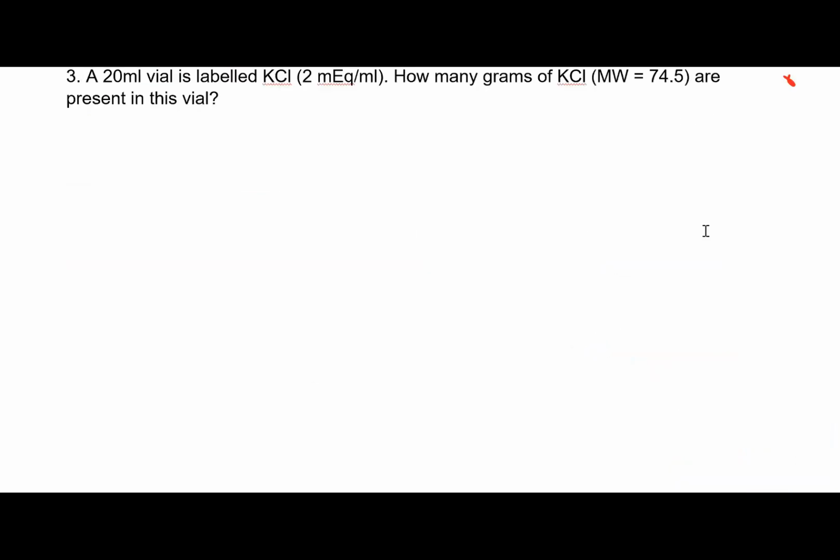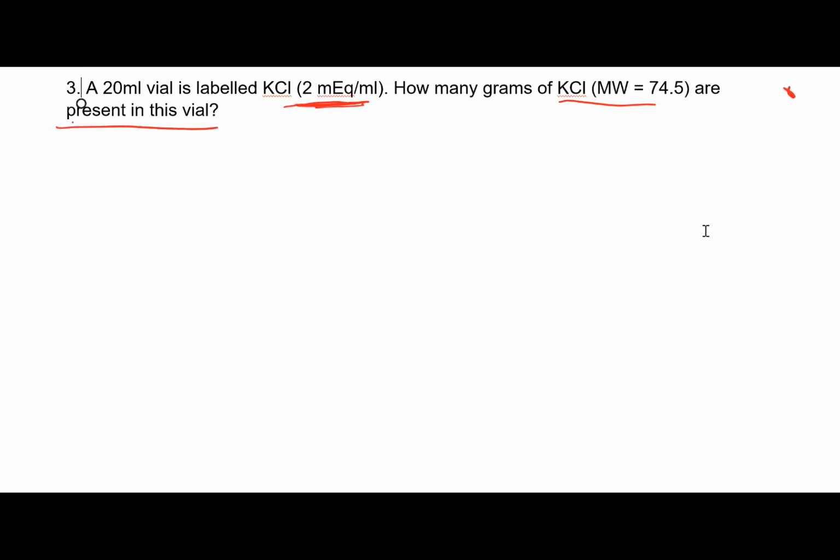A 20 ml vial is labeled as KCl 2 milliequivalent per ml. How many grams of KCl are present in this vial? Milliequivalent equation is equal to weight in milligrams divided by molecular weight times valency.